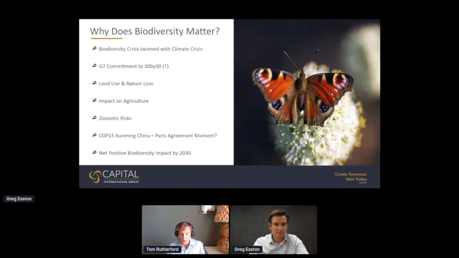The reference there to 30 by 30 is a phrase that you may have come across before. It speaks to this political objective that by the year 2030, 30% of the world's land base and indeed marine ocean environments will be formally protected, stopping the degradation that's otherwise continuing at the moment.